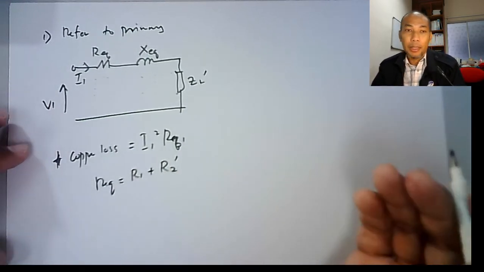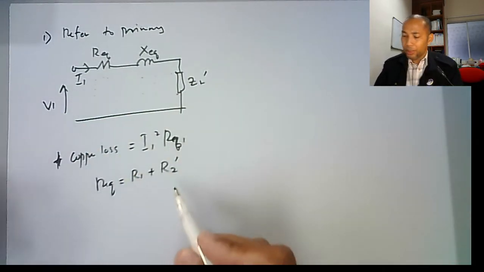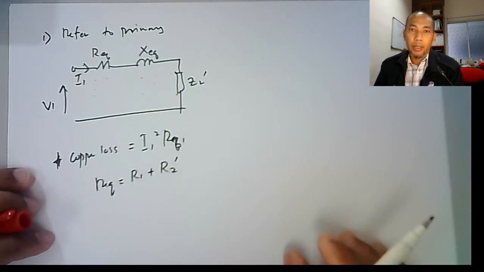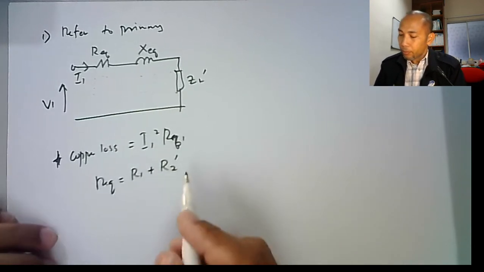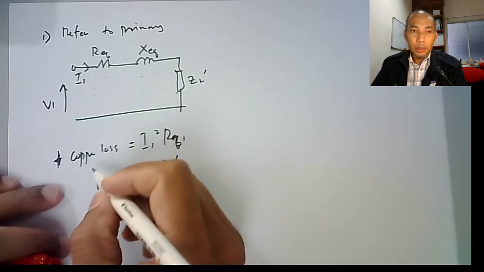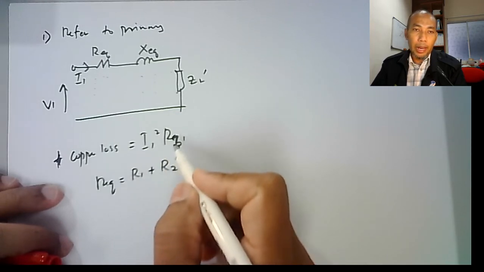We bring the secondary resistance to the primary. If you want to know the details about this, you can refer to the previous video. So total copper loss is equal to I1 square R equivalent.